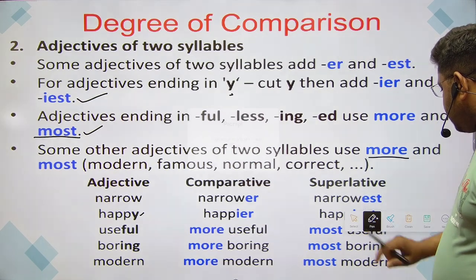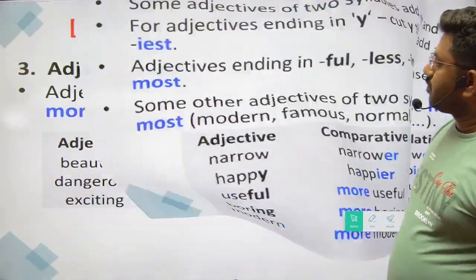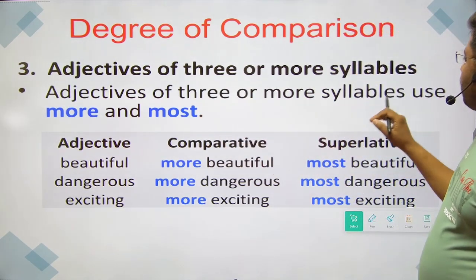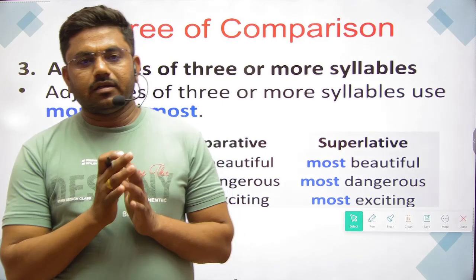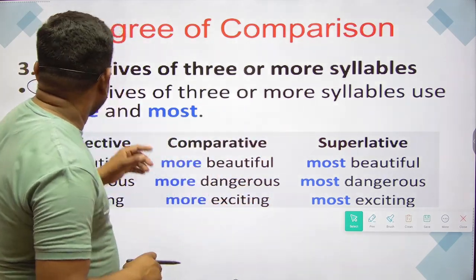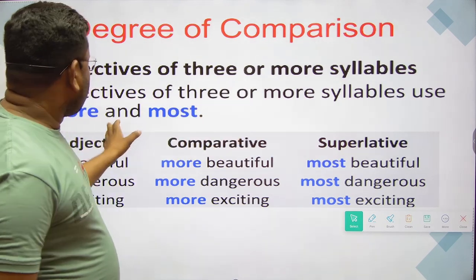Okay. Now next, see degree of comparison for adjectives of three or more syllables. If there are three or more syllables in the adjective, then what do we change? See here, for three or more syllables, use more and most.